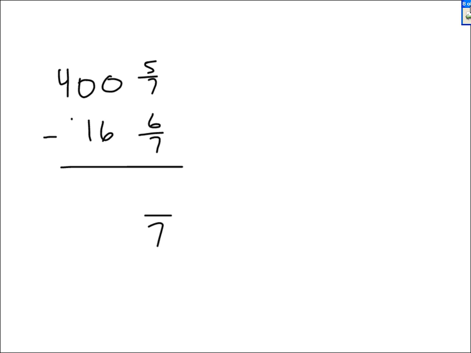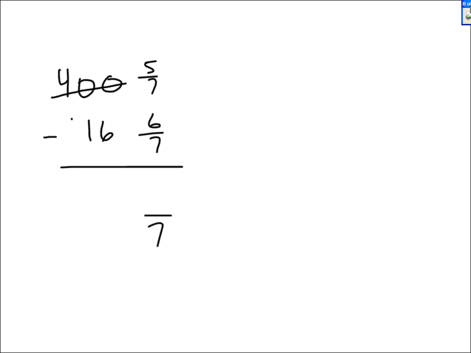So how about this one? A little bit harder, but not much. You have 405/7, and you want to take away 16 and 6/7. So you need to borrow, you can't do 5/7 minus 6/7. The denominators are the same, which is good, but you can't do 5 minus 6. So you have to borrow 1.